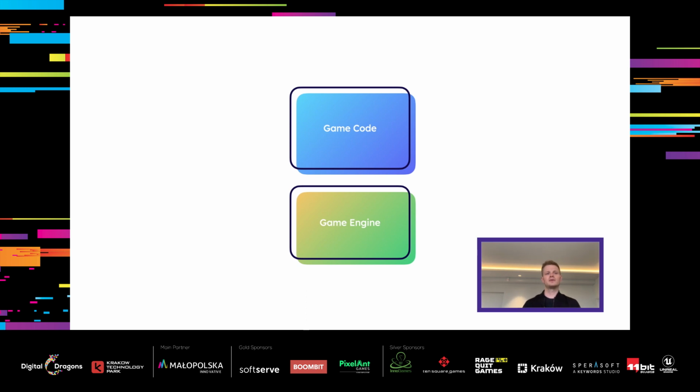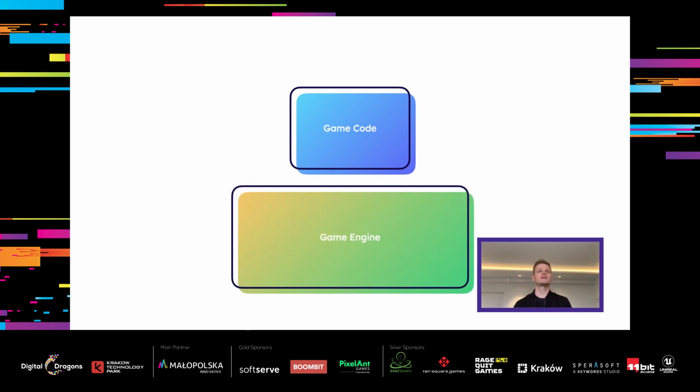So, for example, physics engine, threading, collision detection, memory management, animation, of course, rendering pipeline, GPU abstraction, and so on. All those things have been separated to game engines so that we as developers, as game studios, can focus on what's really important and what's really unique to our games, which is of course our game design.